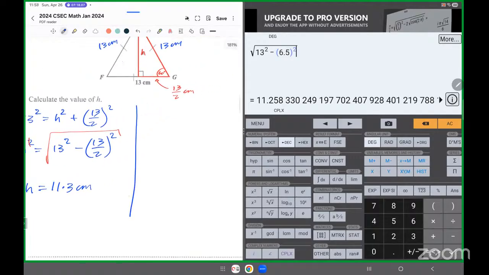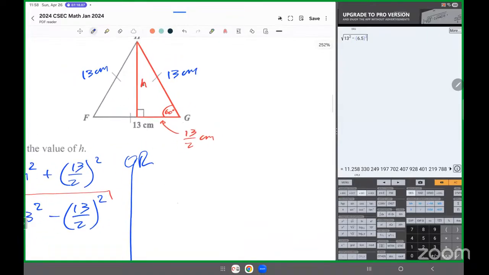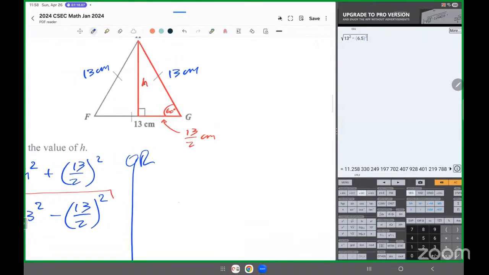Or we can do it another way, using trig. In that triangle, we could have said sine of this 60 degrees equals the opposite side, which is h, over the hypotenuse, which is 13.